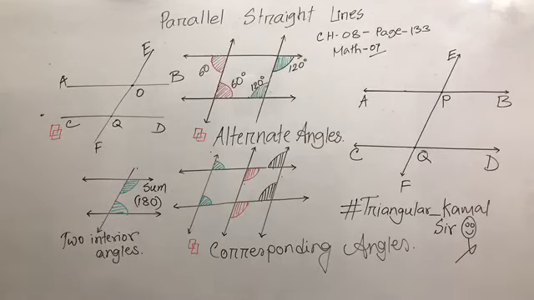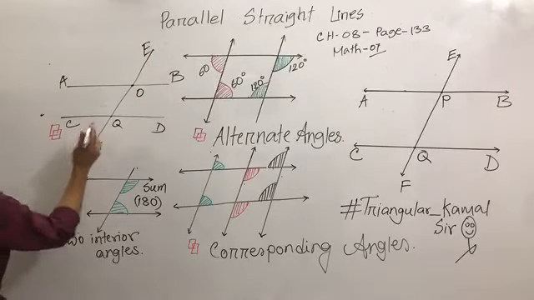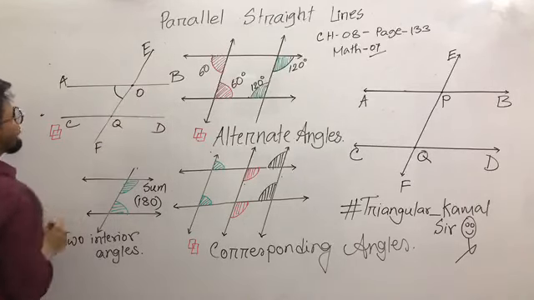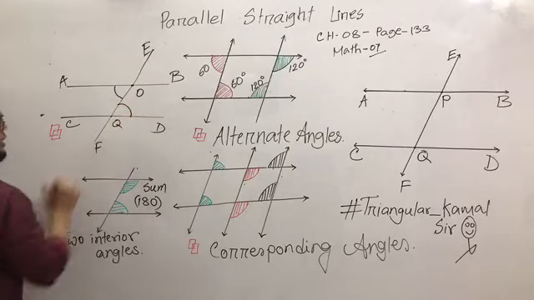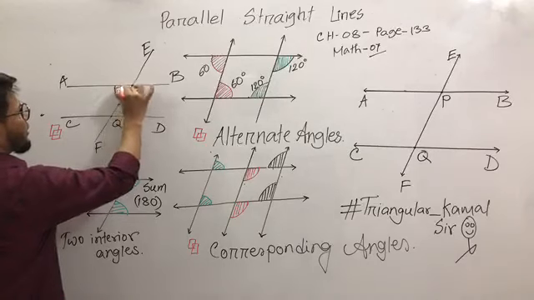Now what we see here is the transversal line, the transversal with AB and the transversal with CD. So this is the alternate angle.